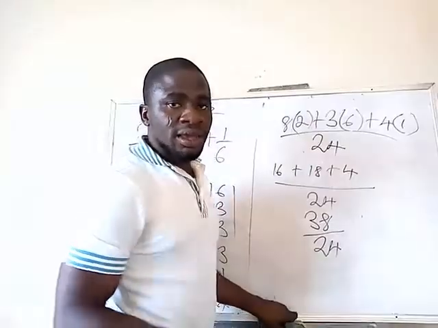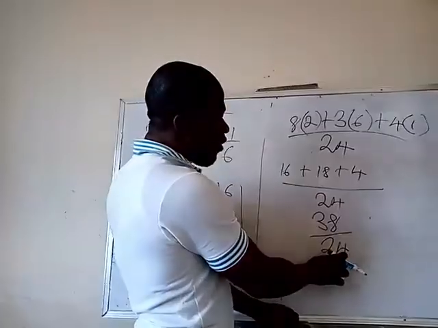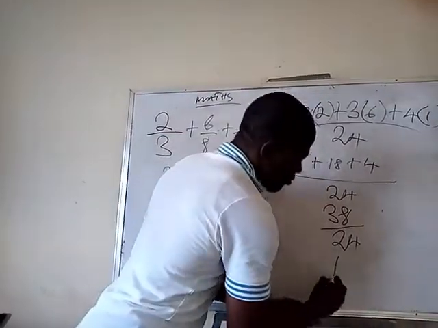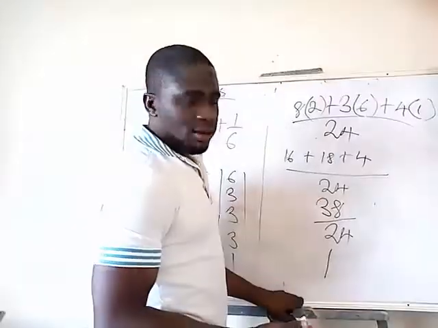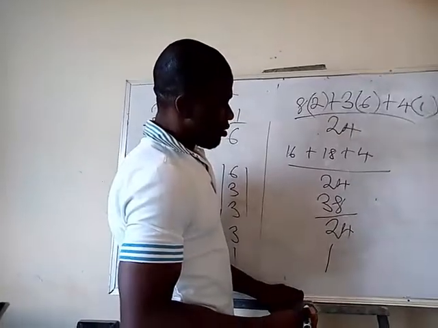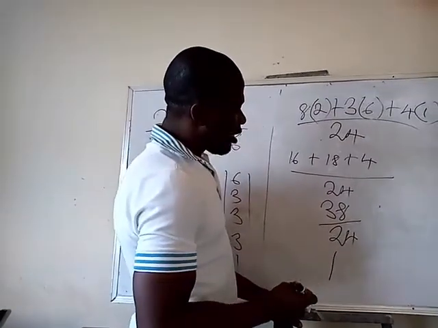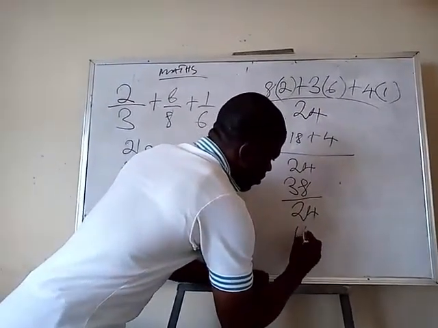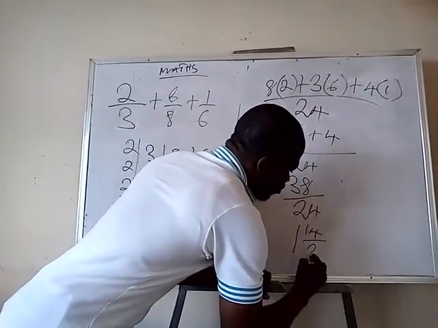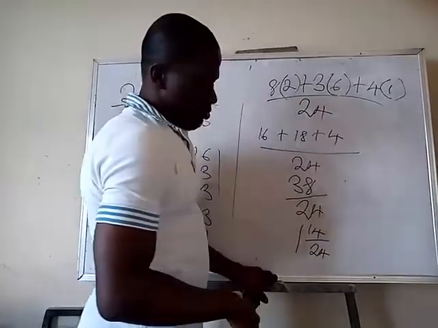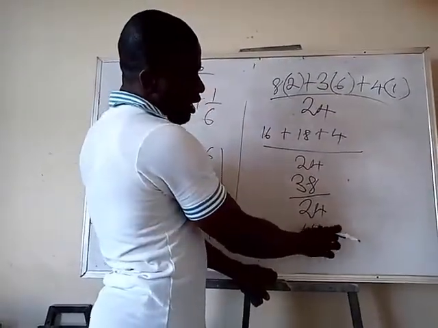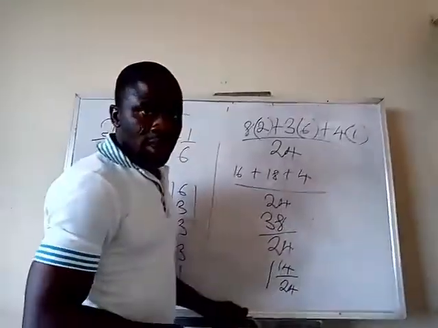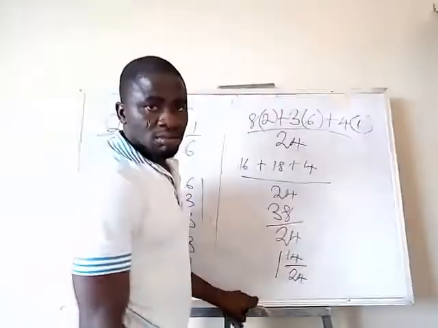Now the question will be, how many 24 is in 38? You have 1. And what is remaining? What will be remaining is 14. You have 14 over 24. Since 14 and 24 are even numbers, something can divide them.